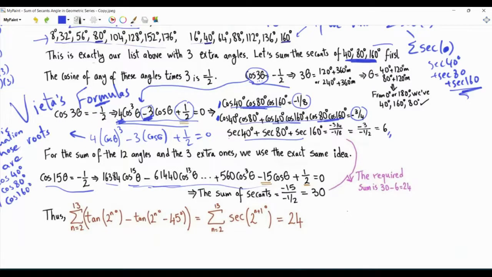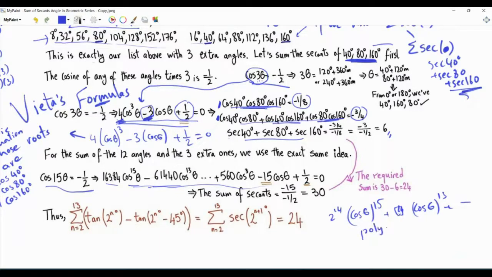We have a polynomial equation of degree 15 in cosine theta, with leading coefficient 16,384, so this is 2 to the 14. Then we have cosine theta to the power 15, and then we have this number, cosine theta to the power 13, and so on.